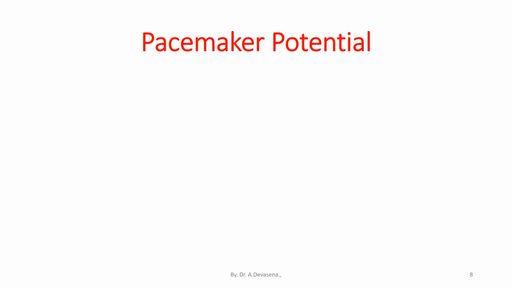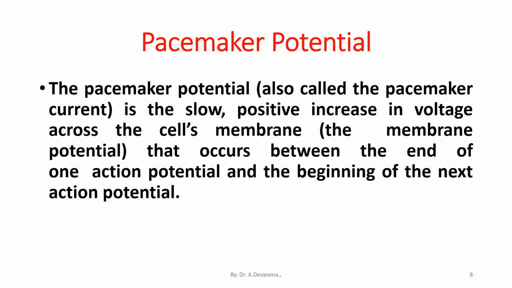Pacemaker potential. The pacemaker potential, also called the pacemaker current, is the slow positive increase in voltage across the cell's membrane, that is the membrane potential, that occurs between the end of one action potential and the beginning of the next action potential.